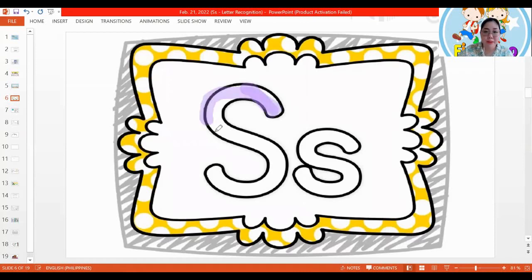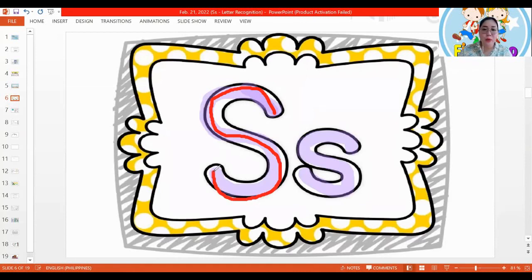So we have a big letter S or a capital letter S, and we also have a lowercase letter S. So letter S is just like a snake. We start at the top, we make a curve, then we go down, and then we make a turn and go up.